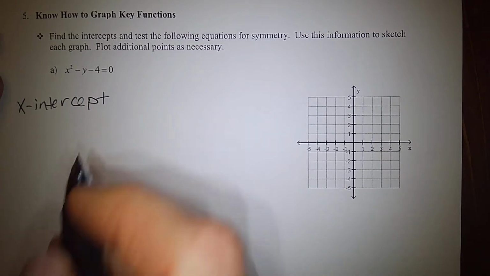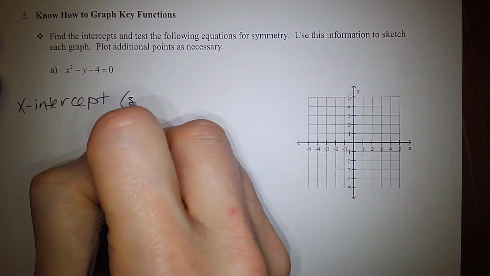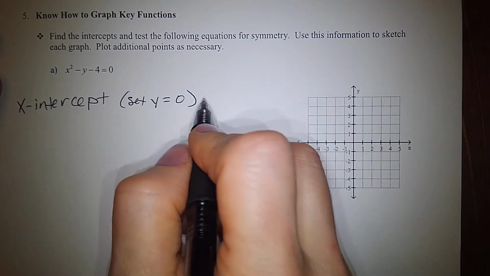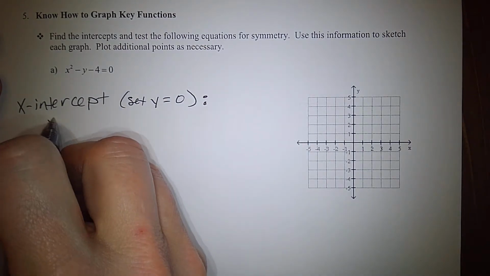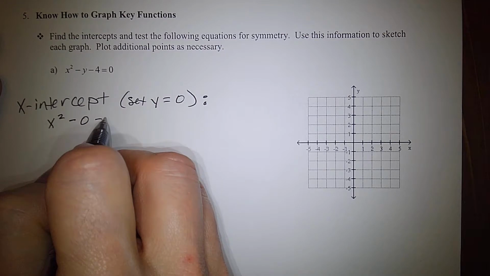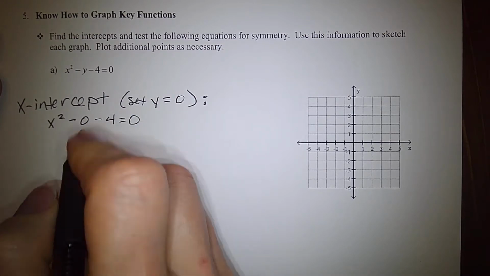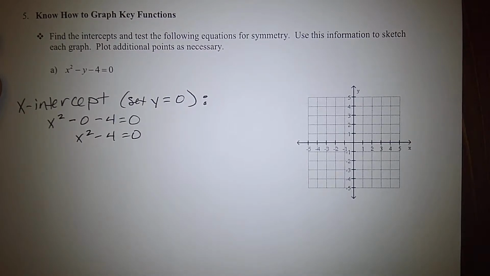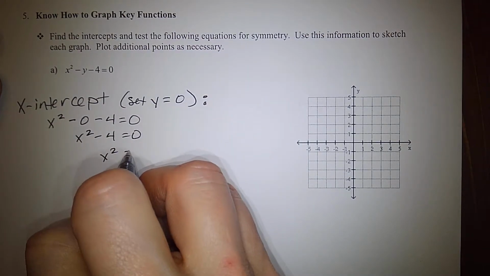Remember how we find the x-intercept? We set the opposite letter equal to 0. So that means x squared minus 0 minus 4 is 0. x squared minus 4 is 0. x squared equals 4.